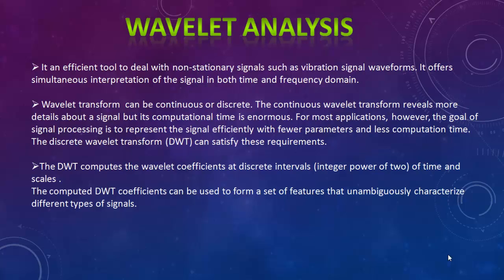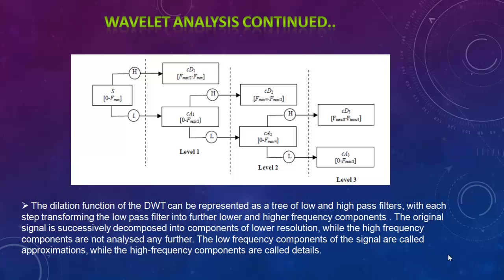The discrete wavelet transform computes the wavelet coefficients at different discrete intervals of time and scale. The computed DWT coefficients can be used to form a set of features that unambiguously characterize different types of signals. So, what actually is the wavelet transform algorithm?